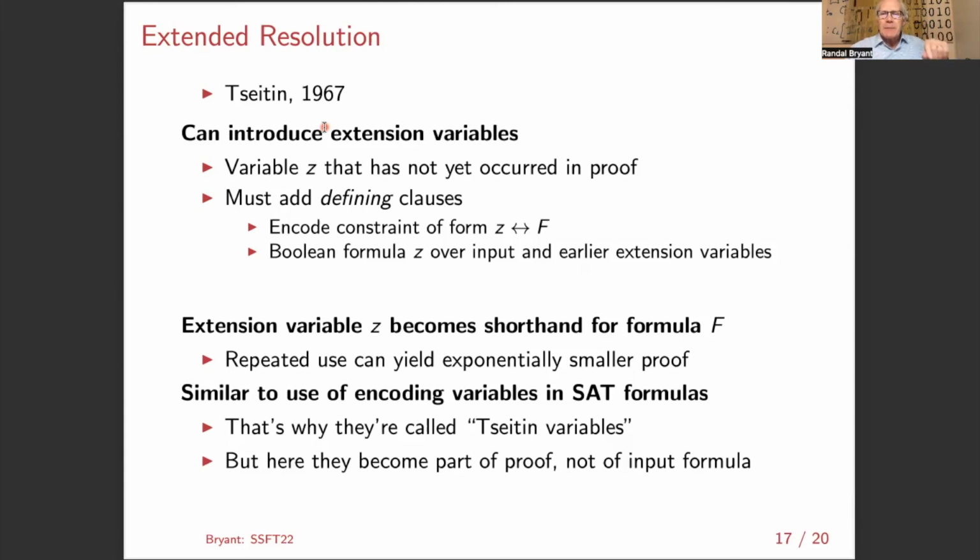But now in subsequent steps, I can reference that extension variable in my new clauses that I'm adding to the proof. And if I can do that and still derive the empty clause, then it shows that the original formula is unsatisfiable. And this little idea is remarkably powerful.